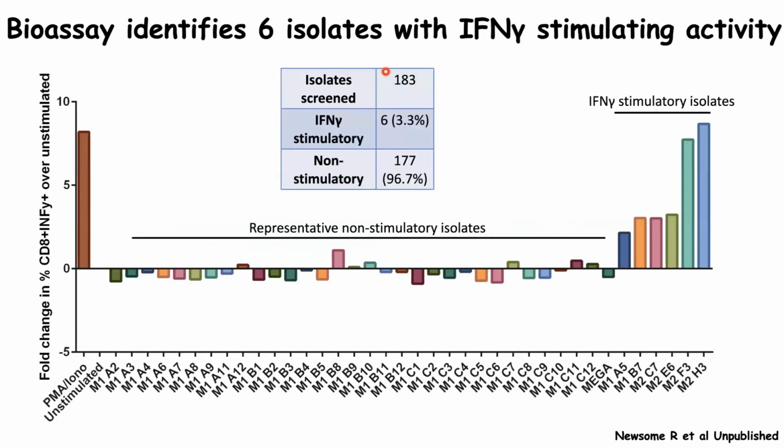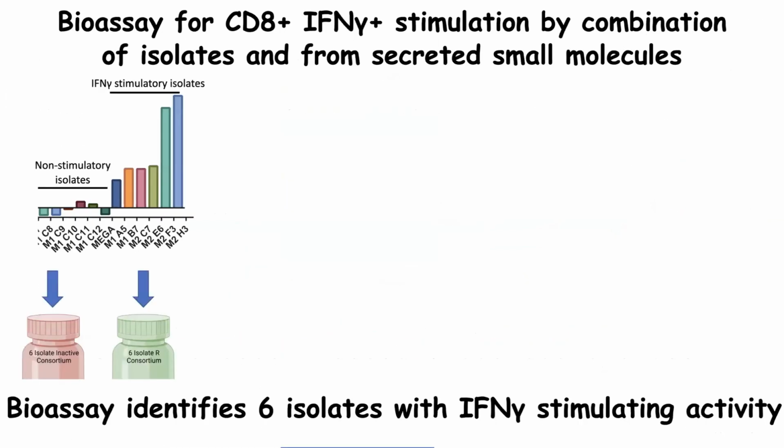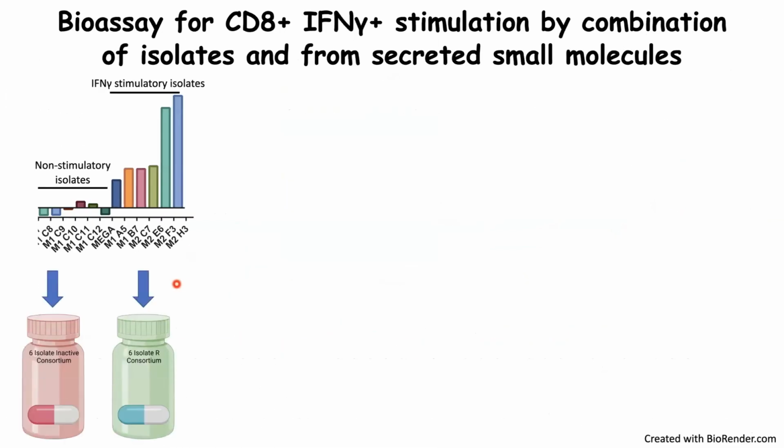That was long, but it was fruitful, and we observed only 3% of all the isolates we got could stimulate interferon gamma from the cells, and they were here. So we were happy with that. So what we did, we took the 6 isolates that induce interferon gamma and built a consortium of bacteria.